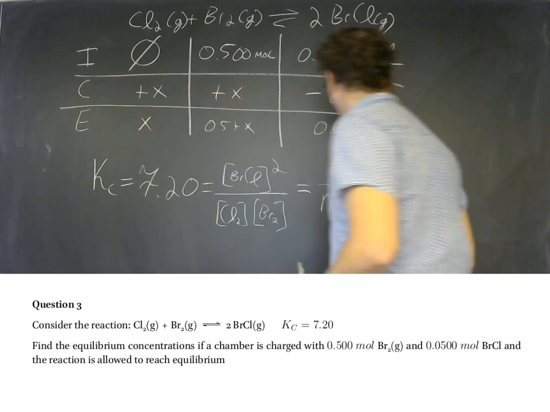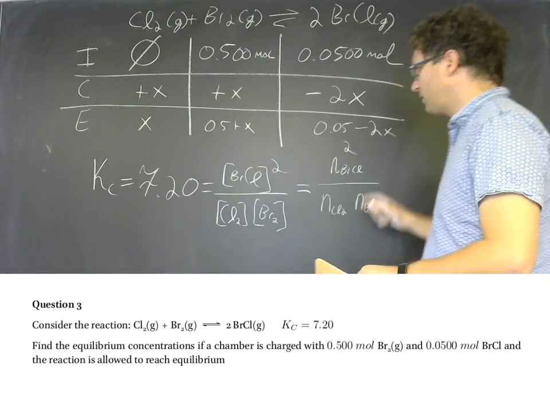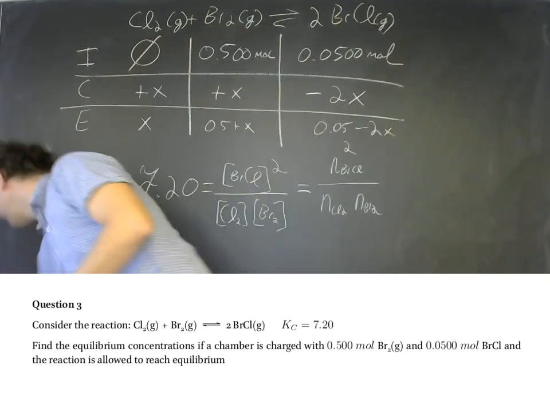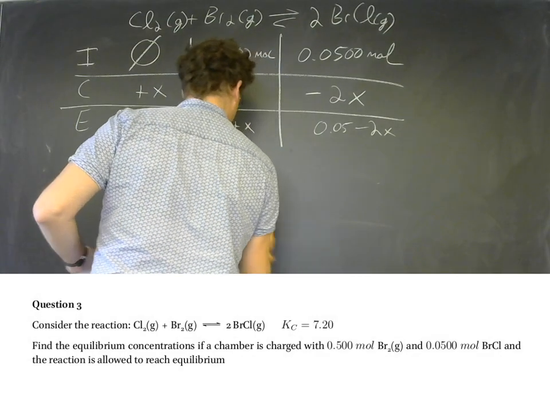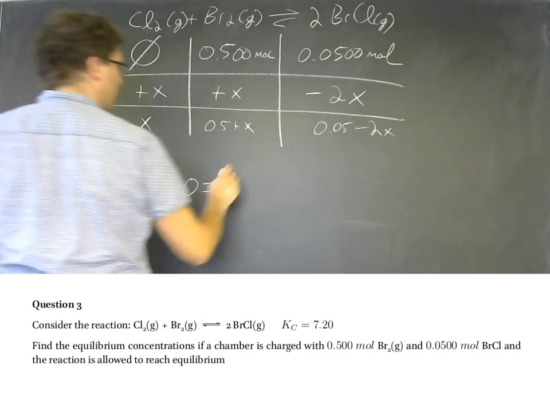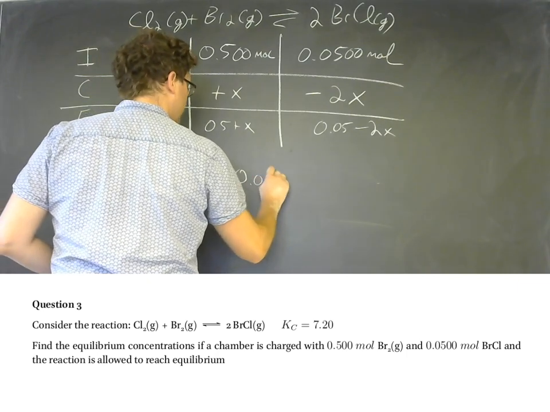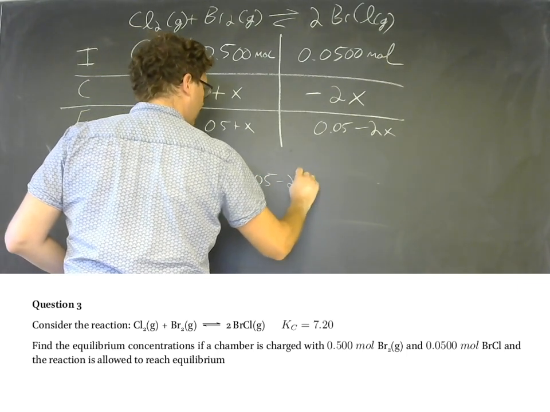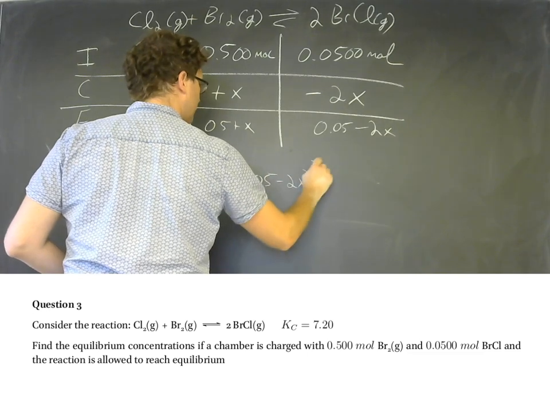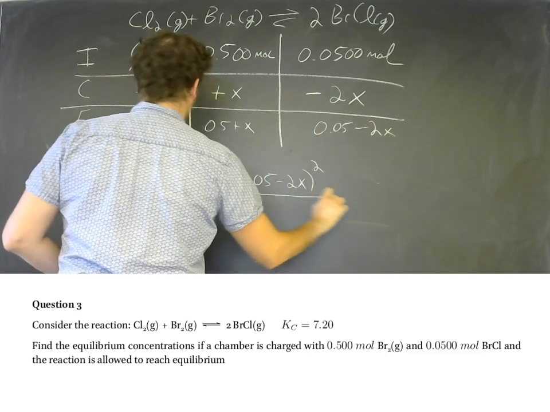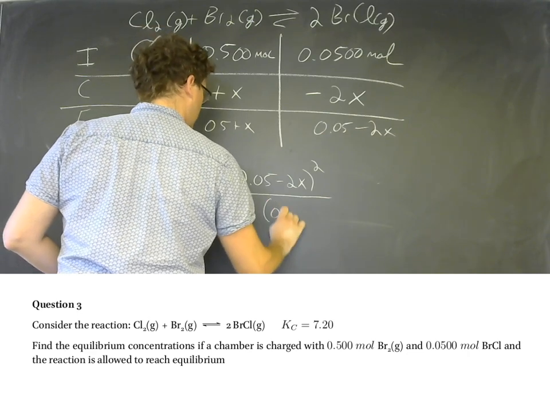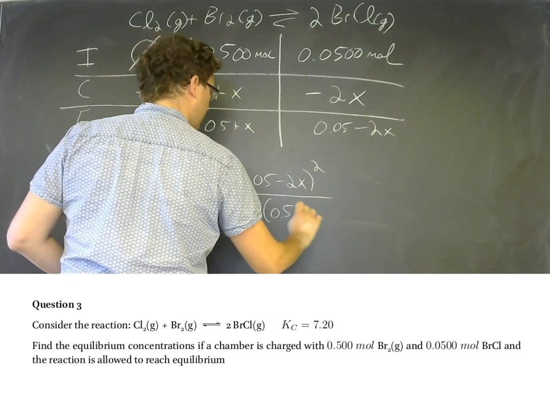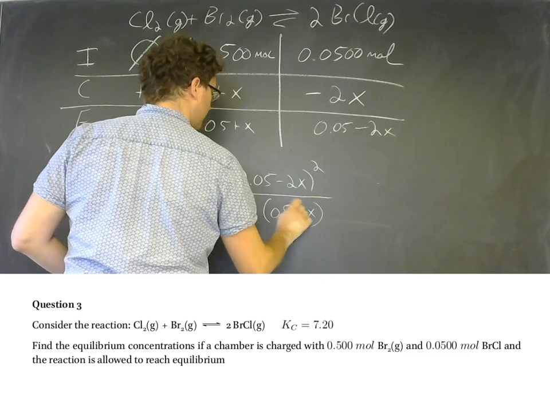Okay, so let's go ahead and erase all of this here and just put in numbers. (0.05 minus 2x), that needs to be squared over x times (0.5 plus x).